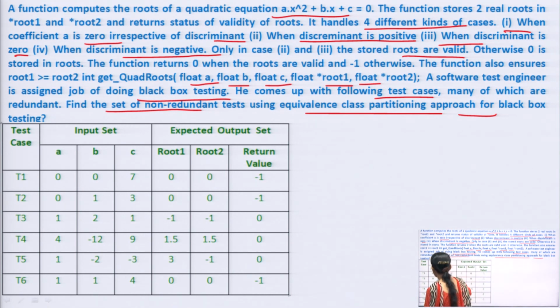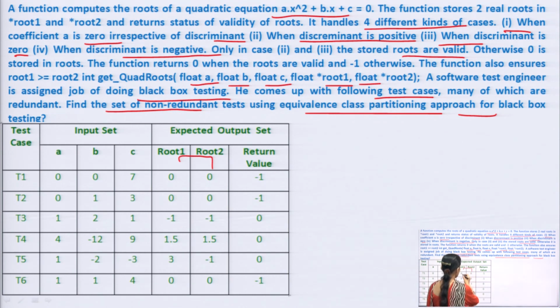These are the 6 test cases given to us for different inputs at A, B and C, and the expected output for root 1 and root 2 and the return value are also given. Now, let us decide which test cases are non-redundant.